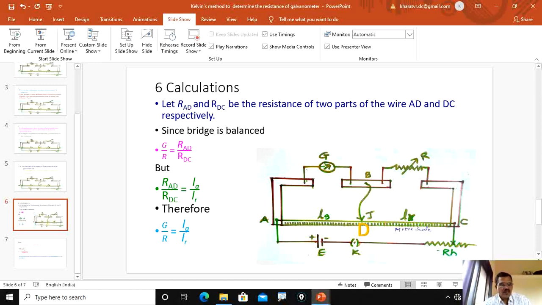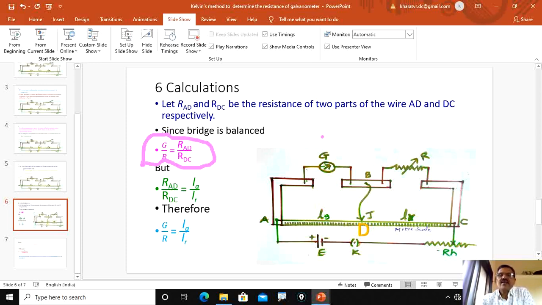Since the network is balanced, G upon R is equal to RAD divided by RDC.